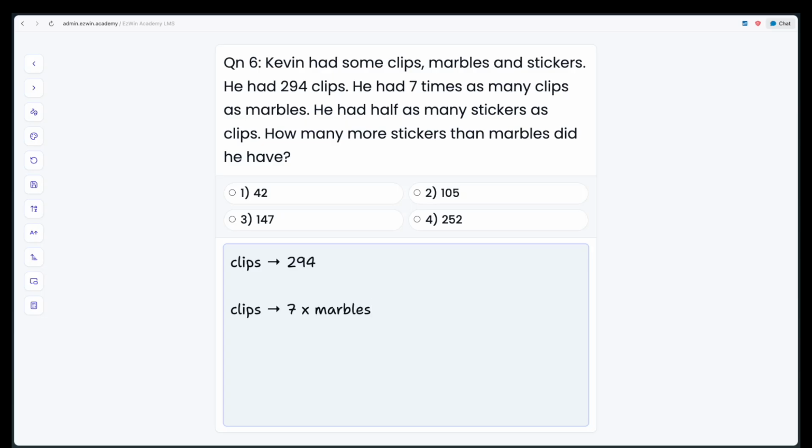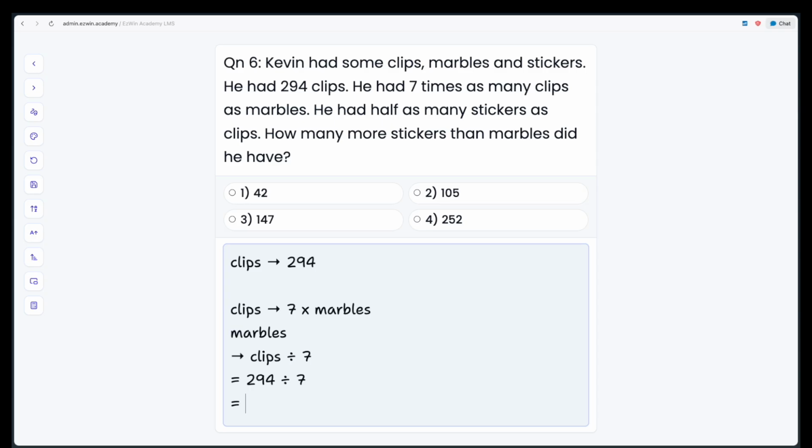So marbles is equal to clips divided by 7. So from here, we can just convert this into 294 divided by 7.